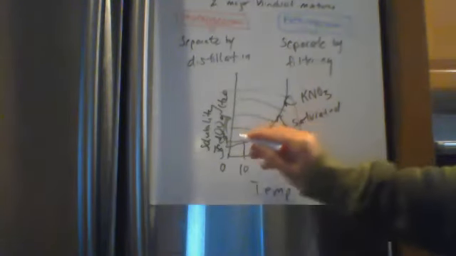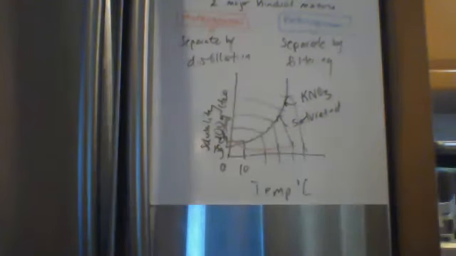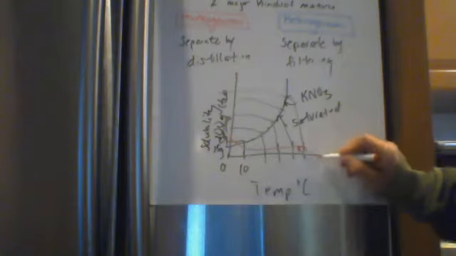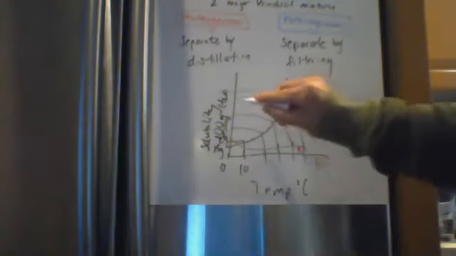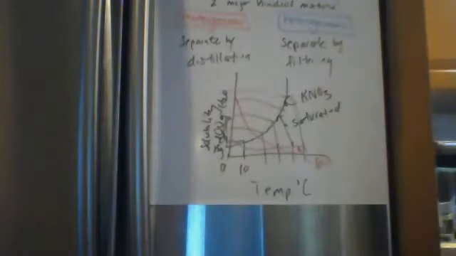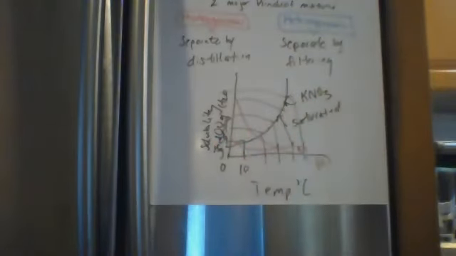Here's what sulfur dioxide kind of looks like, where it decreases. That's for a gas. So when you look at that, or if you look at ammonia, they have the opposite effect. So gases decrease in solubility as the temperature increases, and solids will dissolve better in hot liquids.